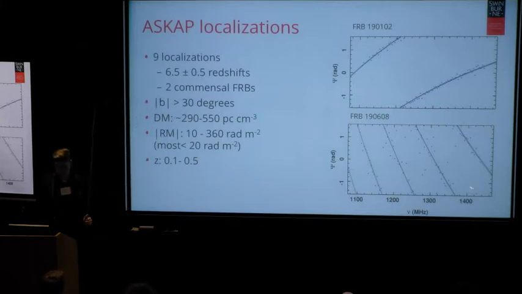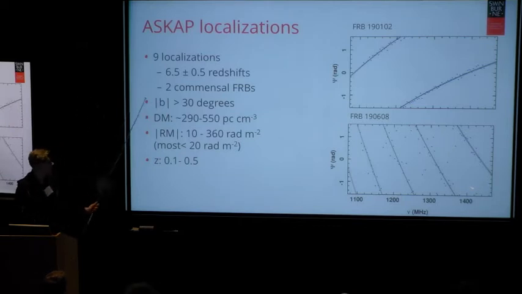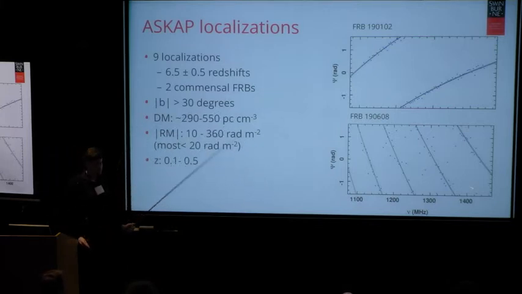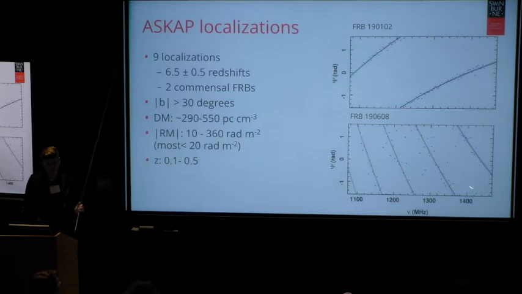We've detected 2 FRBs in our commensal mode, and all the FRBs have been at high latitude, so we're not having to deal with the Milky Way as much. Dispersion measures are between 290 and 550. As I said, the rotation measures are between 10 and 360, and a lot of them are in the order of tens. I just plotted you a couple examples here of what polarization position angle looks like for a couple of high rotation measure FRBs, because it's nice to see that lambda squared signature.